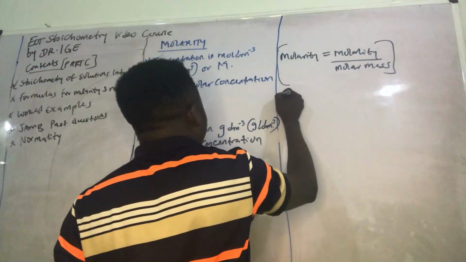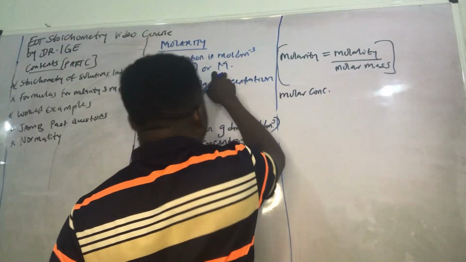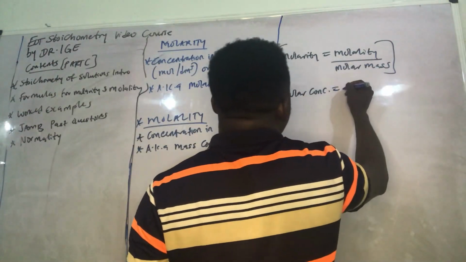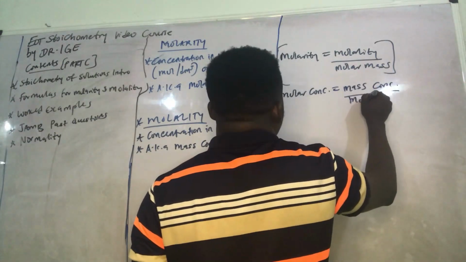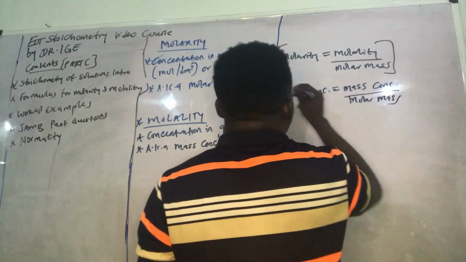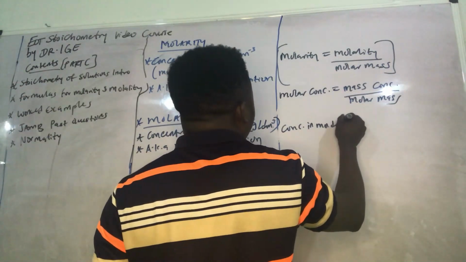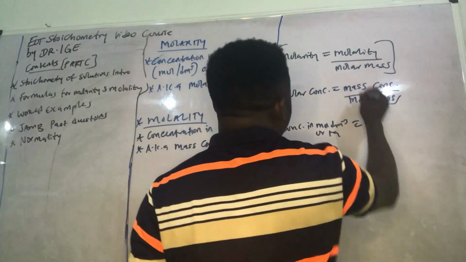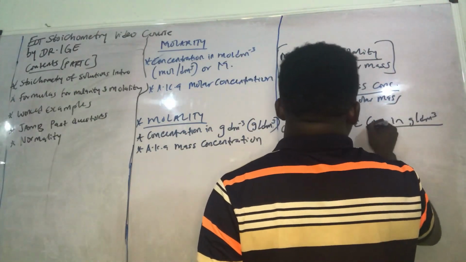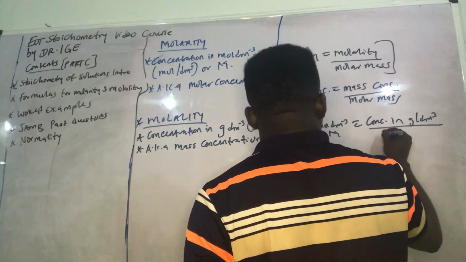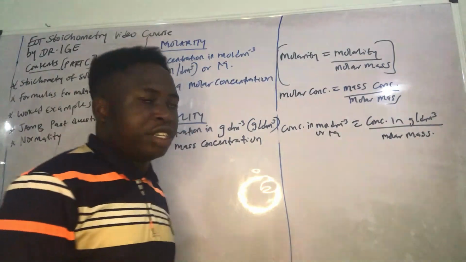Remember that molarity is molar concentration in mole per dm cube, or M, and molality is mass concentration. So M is equal to concentration in gram per dm cube all over molar mass. See, everything I just showed you is actually the same thing.